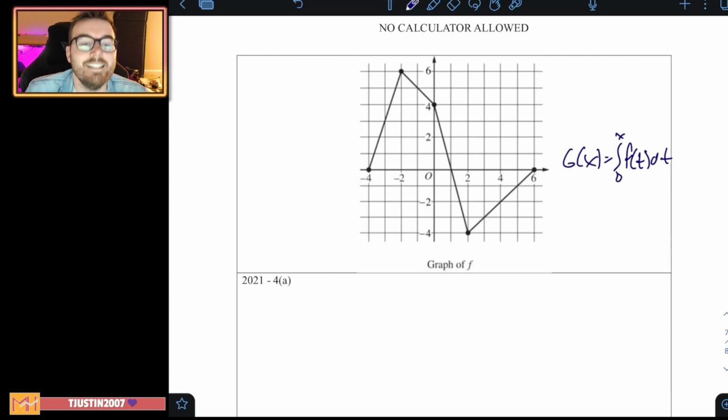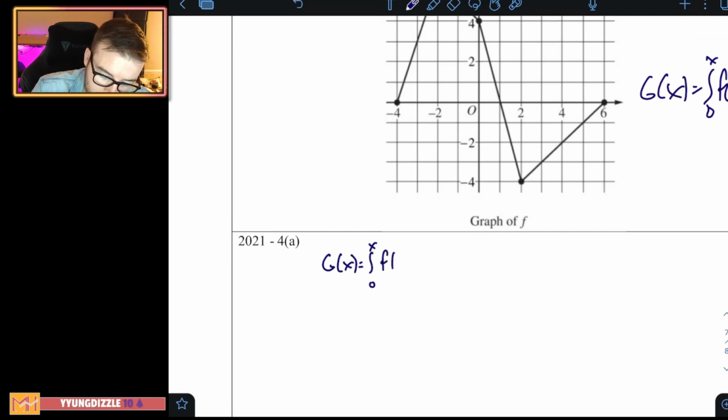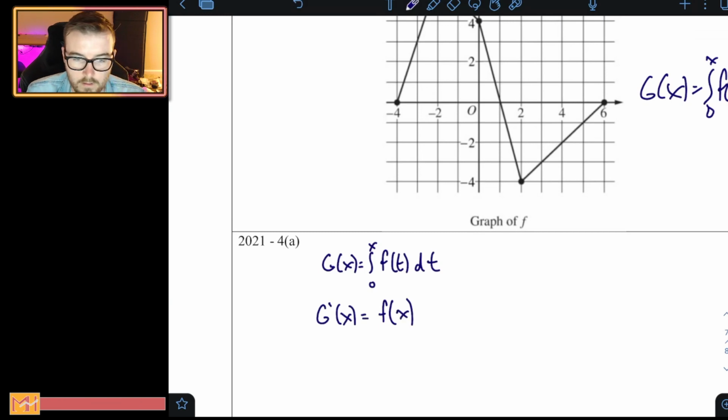With the second derivative, primarily, right? The second derivative test. So g of x is the integral from 0 to x of f of t dt. G prime of x is equal to f of x.